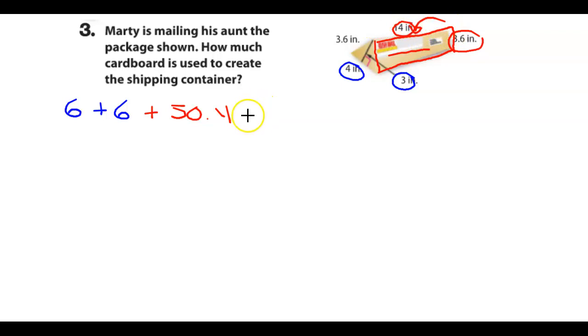So I have to do another 50.4. Now the last one, which is kind of hardest to visualize, is the bottom, and we talked about that at the beginning of the problem: the bottom is 4, but it's 14 long, so it's 4 by 14. That just gives me a 56. So let's add all of that up, and we get 168.8.